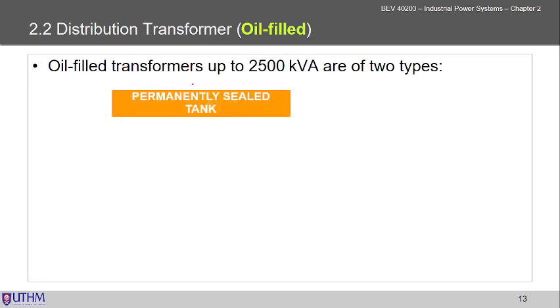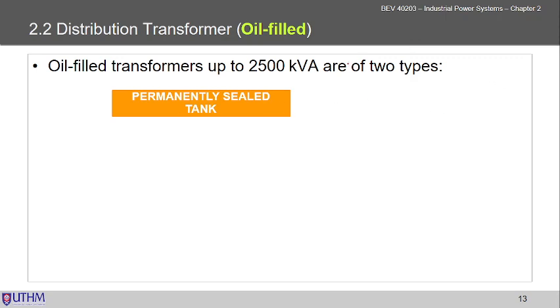This oil-immersed type of transformer is normally up to 2.5 MVA to be used in the IPS. Normally our IPS is not that big as compared to the transmission or the distribution sections of our supplier.